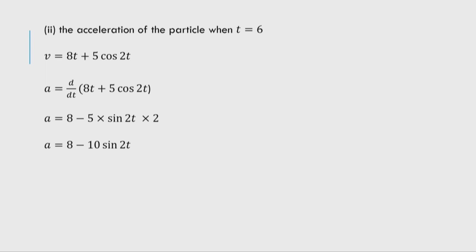Substituting t is equal to 6 in this equation, we get a is equal to 8 minus 10 multiplied by sine of 2 multiplied by 6, which is a equal to 13.4 meter per second square.